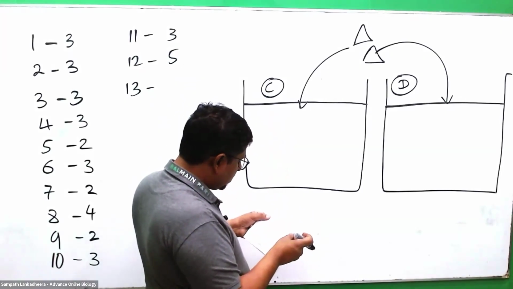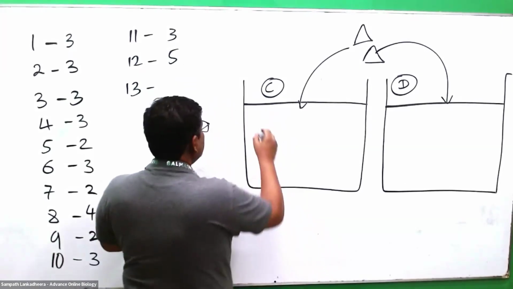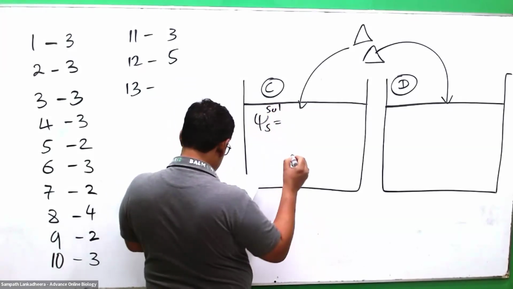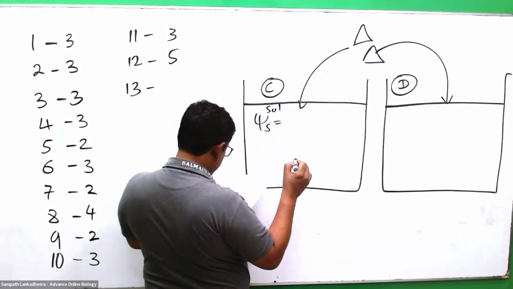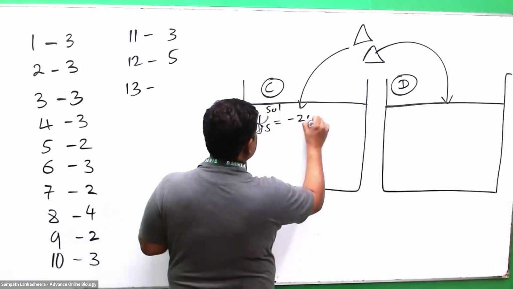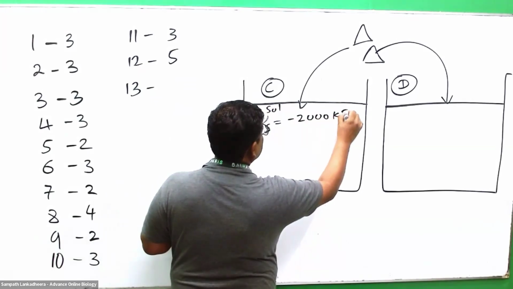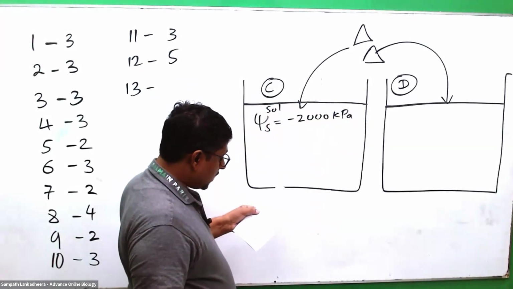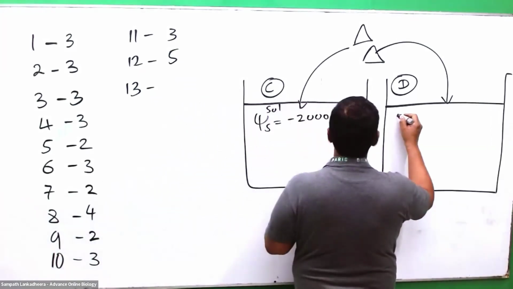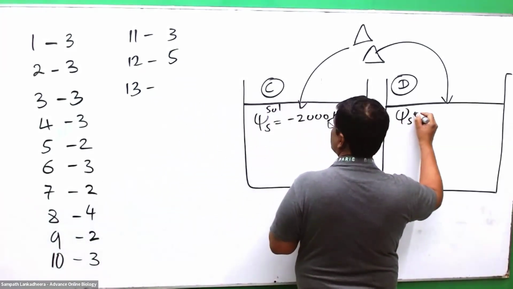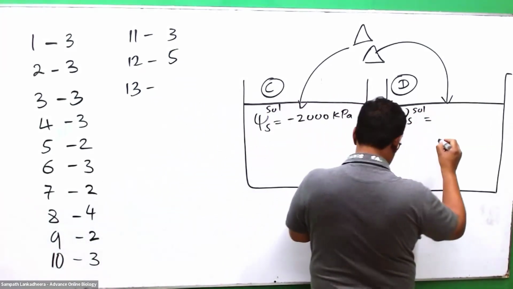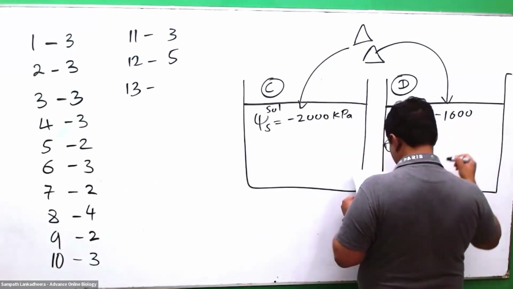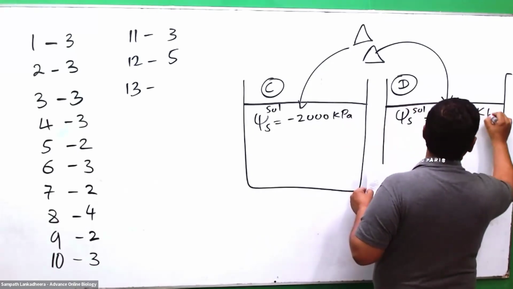So, the solute potential of solution C, psi S of this solution, is minus 2000 kilopascal. And psi S of the solution D is minus 1600 kilopascal.